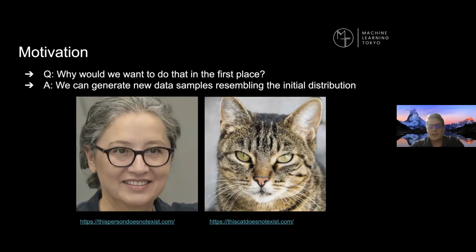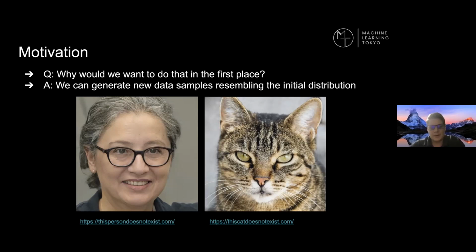Here I'm showing two very impressive examples of GANs, the generative adversarial networks that we are going to discuss today. If you don't know about those websites yet, they're really great. One is called This Person Does Not Exist, and the picture you see here was generated by such a GAN.